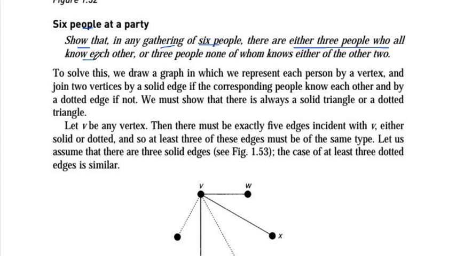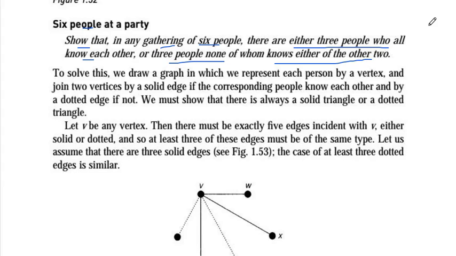As we all know, A is known to B and B also knows A, or 3 people none of whom knows either of the other 2, meaning 3 people who do not know the other 2. Okay, so these are the only 2 possibilities, and we have to show this. How are we going to show that?